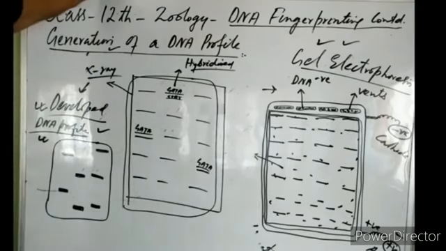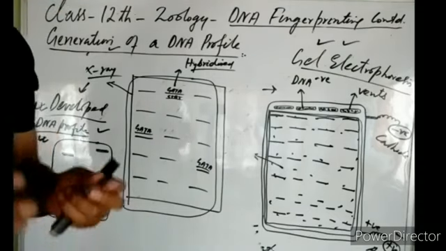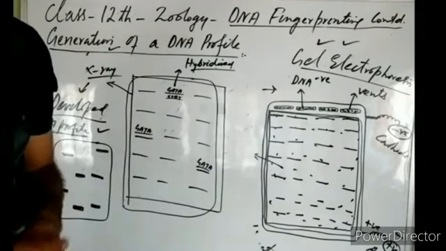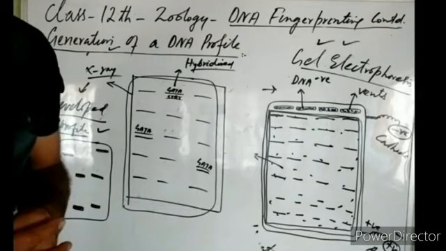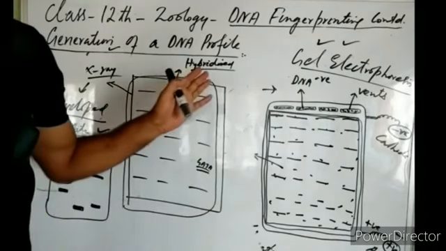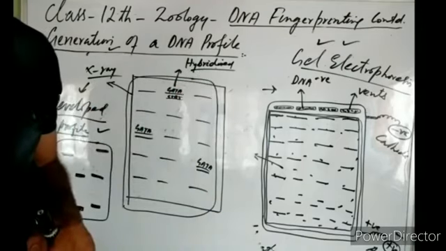Then the police set out to look for the suspects. The police make an investigation and start looking out for the suspects. Suppose police got 3-4 persons who are possible suspects. Police take a DNA sample from them. That sample is sent to the laboratory. And from those DNA samples, again the profiles are generated.